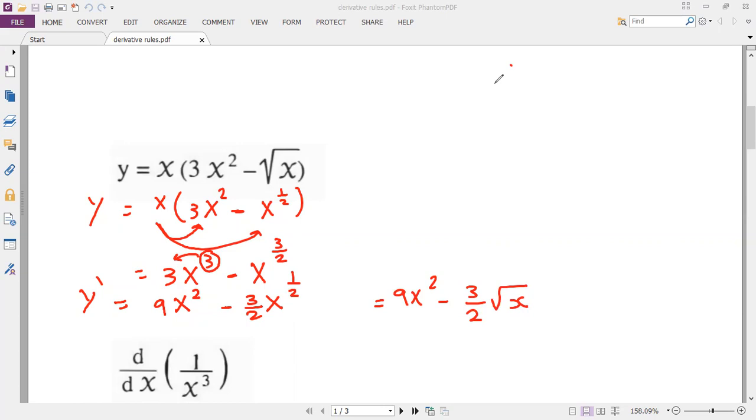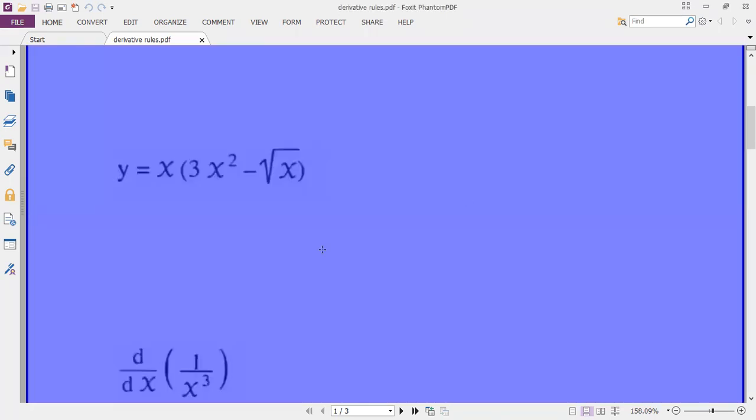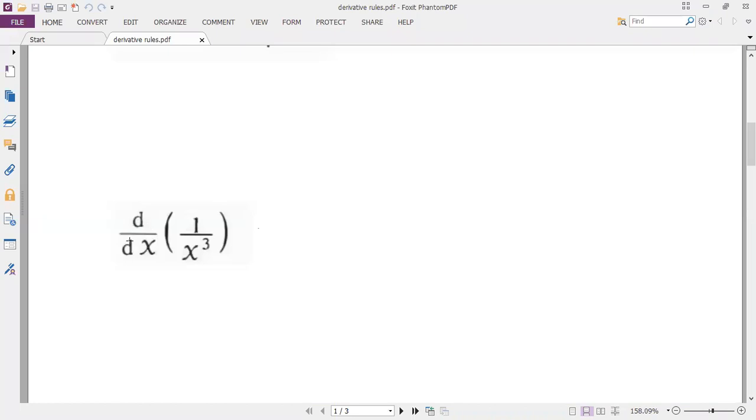I want to find d over dx, the derivative with respect to x, for 1 over x to the power of 3. You know, I want to get the first derivative with respect to x. We can write this function as x to the power of -3 because we are differentiating with respect to x.